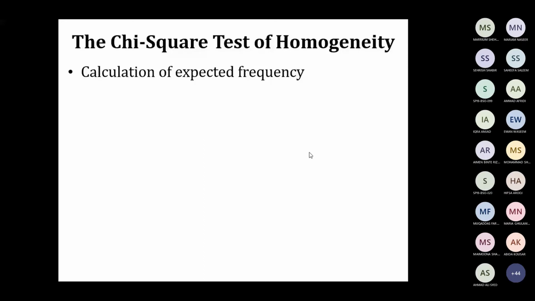And we have proposed the null hypothesis that the observed frequencies are equal to expected frequencies. The null hypothesis states that the frequencies are homogeneous among different classes, and any difference is due to sampling error.